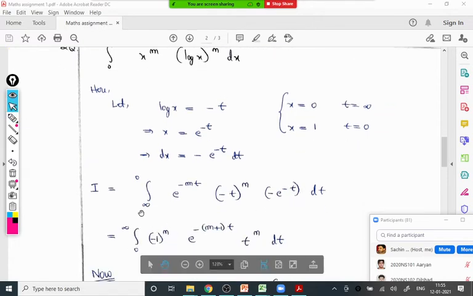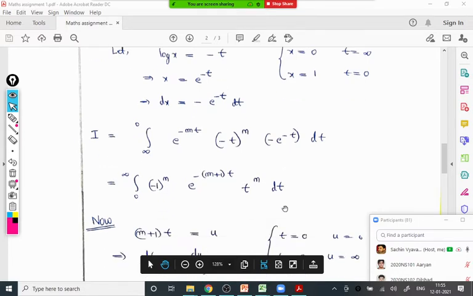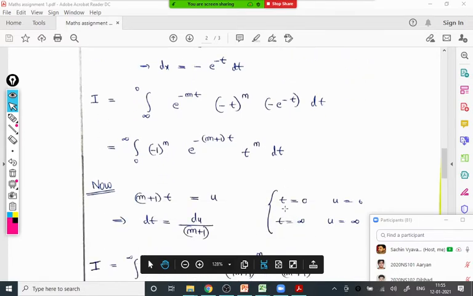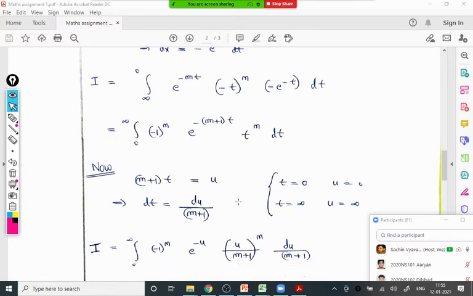Now replace all the values here. Good. Then minus 1 raised to n, e raised to minus, and he is writing m plus 1 t is u. There is a little problem in writing n and m, I don't know whether he is writing n or m there, but otherwise everything is fine.